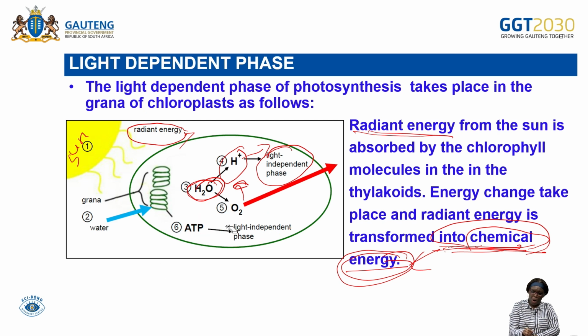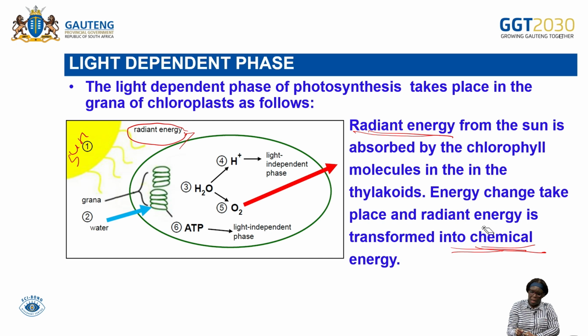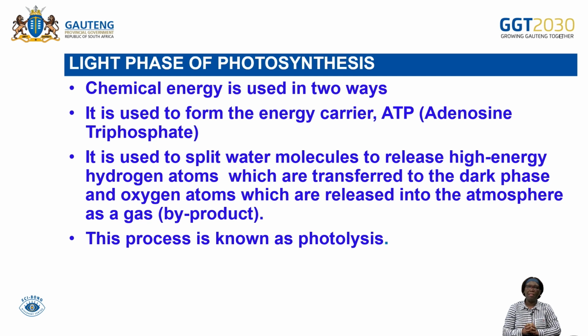And the process where water has been broken down, or the process whereby water splits into oxygen and hydrogen atoms, the process is known as what? The process is known as photolysis. Now, let's see what it is that the chemical energy will do.